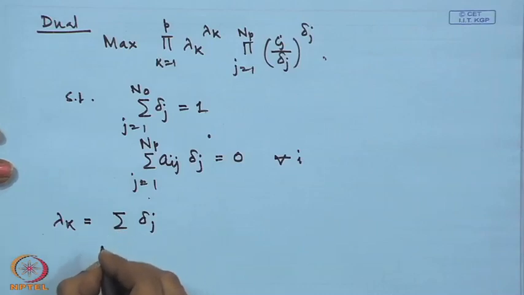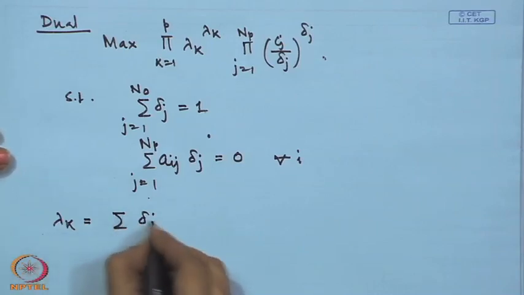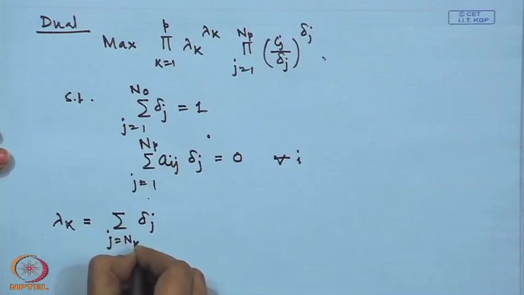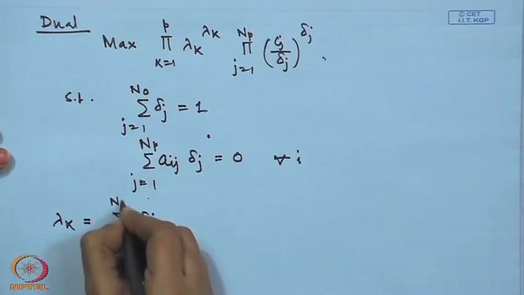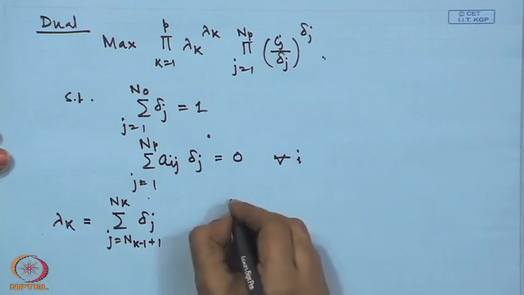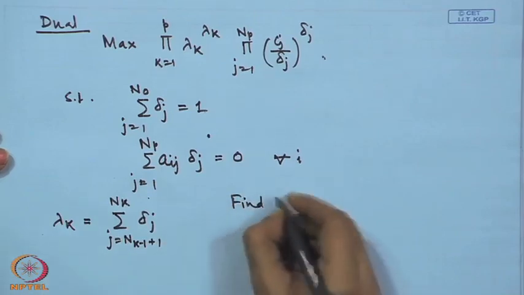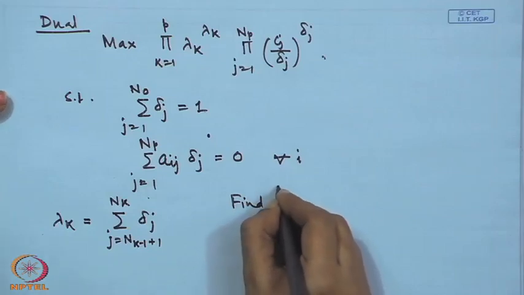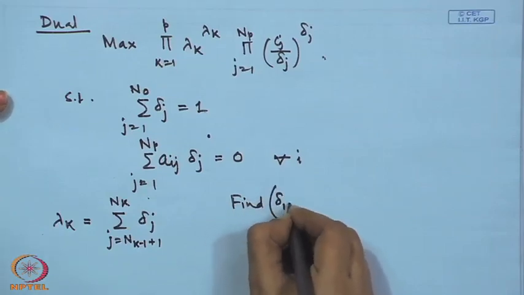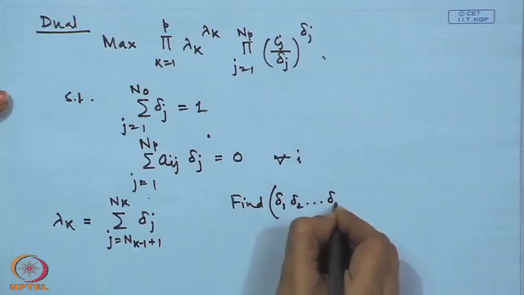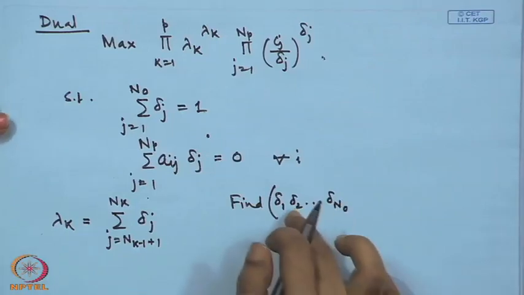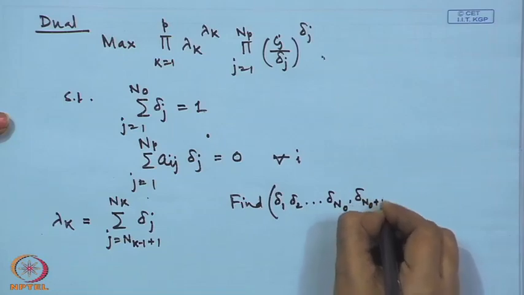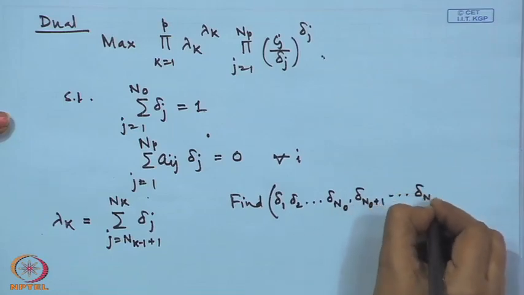For individual constraints we will have summation of delta j's, thus j is equal to nk minus 1 plus 1 to nk. This is my lambda k. And what is the objective? Objective is to find delta j's. Thus, how many delta j's are we having? We have delta 1, delta 2, up to delta n naught from the objective function. From the first constraint we have delta n naught plus 1 to delta n 1.